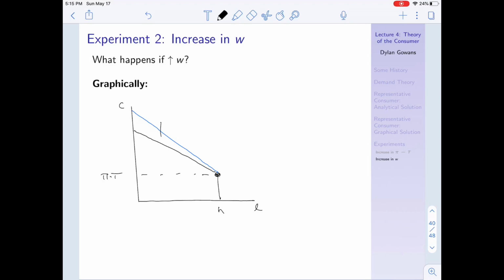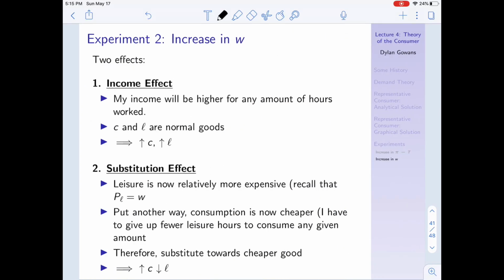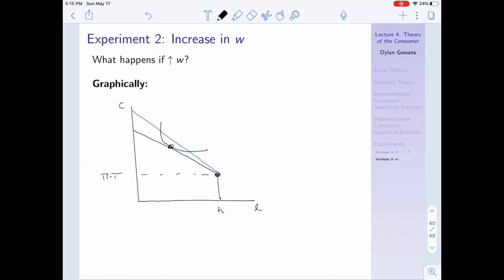And now here's my initial utility curve. And I'm going to claim now that it's unclear what will happen to consumption, okay? And the reason is because, it's clear what will happen to consumption, it's unclear what will happen to leisure, or to hours worked. And this is why.